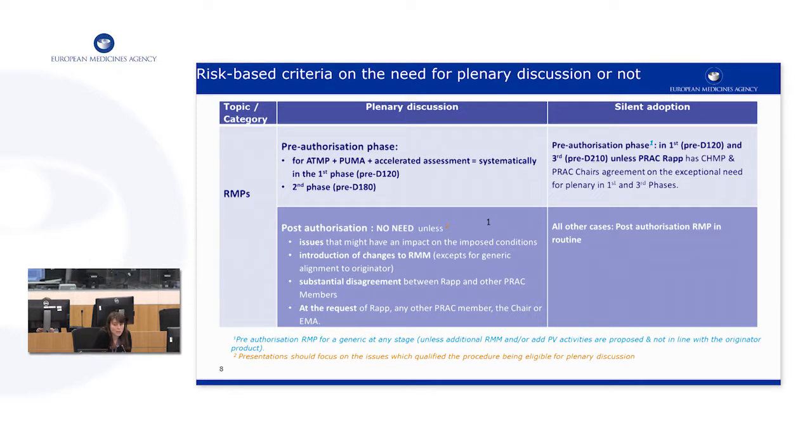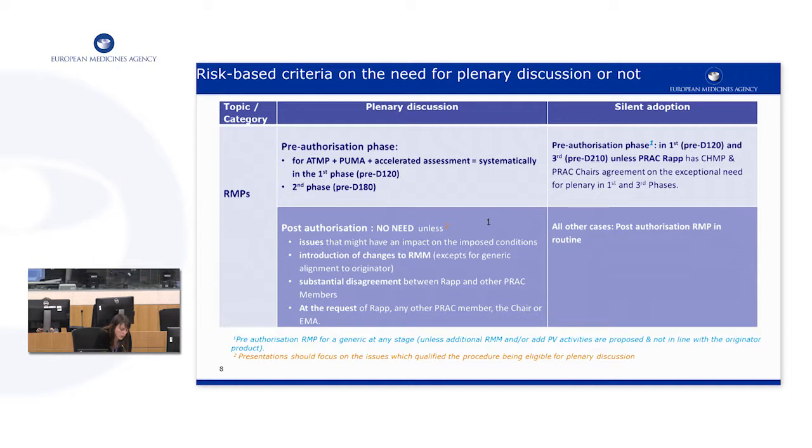Now, if we talk about the last phase of the procedure, just before opinion at CHMP, these procedures won't appear on the PRAC agenda. This was agreed a couple of years ago when there was the revised RMP process in initials. But there is an exception.